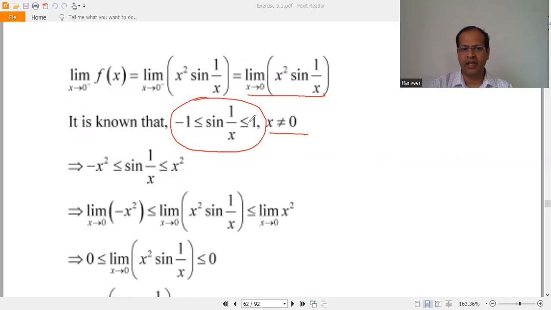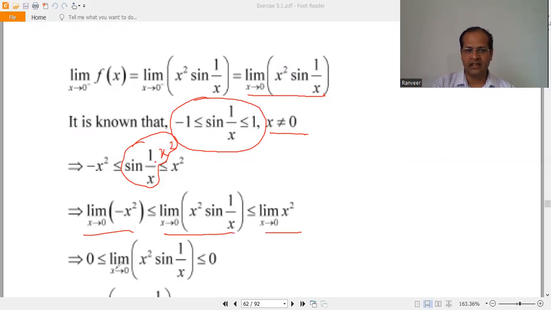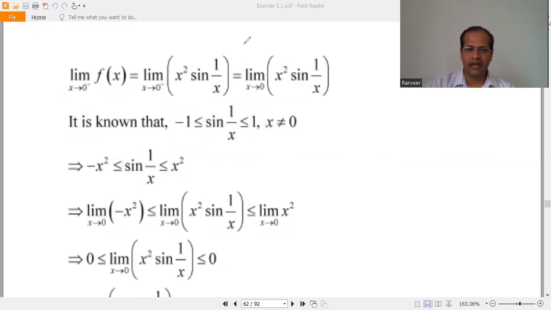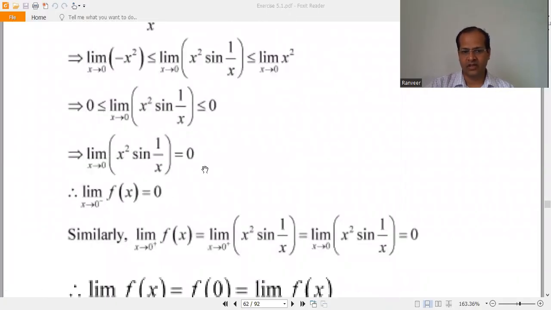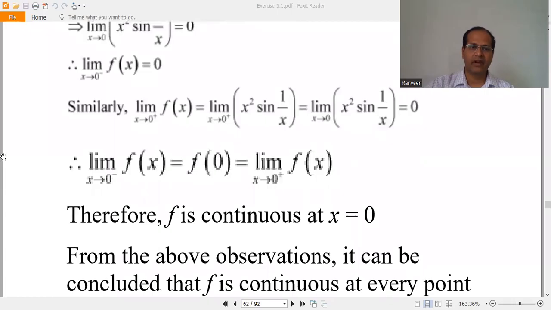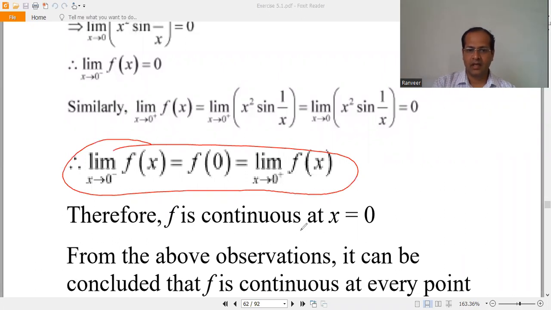Taking the limit on all sides, this is 0, this is 0, and the value of x square sine 1 by x is equal to 0. Similarly, we can find for 0 plus also 0. So definitely this function is continuous at x equal to 0.